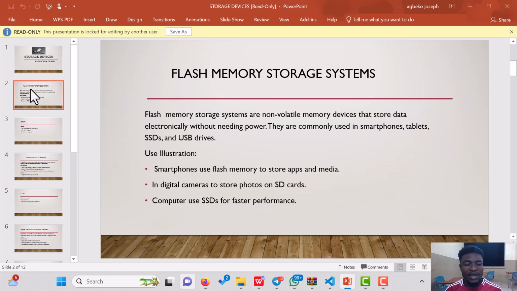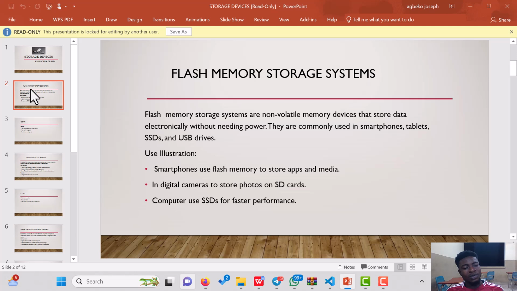So without the SD card, we won't be able to save those videos, files, and pictures. The computer uses SSD for faster performance. So the SSD is normally found in computers. So let's move to the next slide.